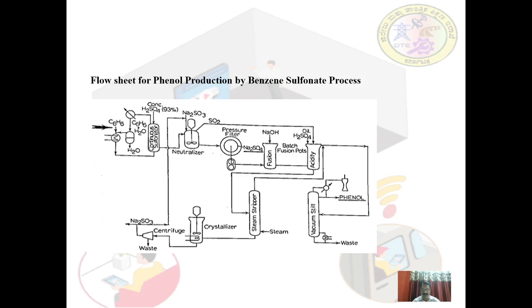The sulfonate is slowly added at the bottom of the pot, and the reaction is allowed to continue for 5 to 6 hours. The melt is then diluted with water, acidified with sulfur dioxide in the neutralizer, and the final pH is adjusted with dilute sulfuric acid.